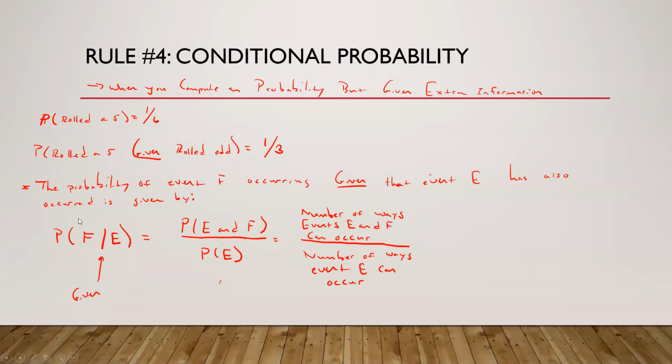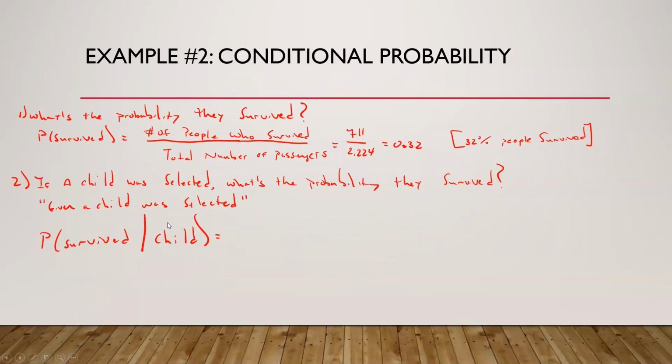In that case, it would be the number of children who survived divided by whatever the thing is behind the given. You guys can all see my mouse, right? In this case, it would be the total number of children.